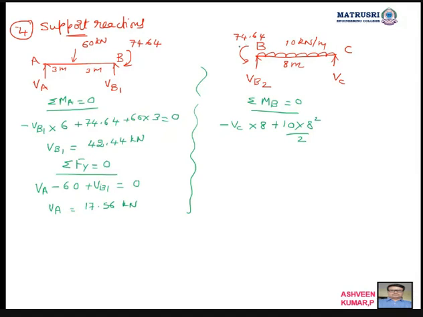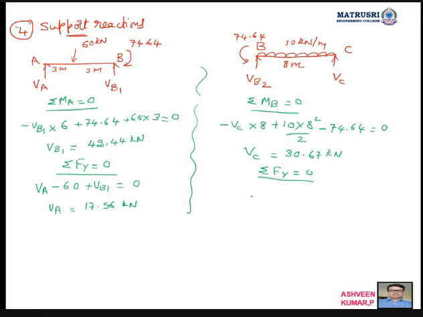Again, what will happen to this one? Is it clockwise or anti-clockwise? Anti-clockwise. So minus 74.64 is equal to 0. If you do the calculation, VC is 30.67 kilonewton.